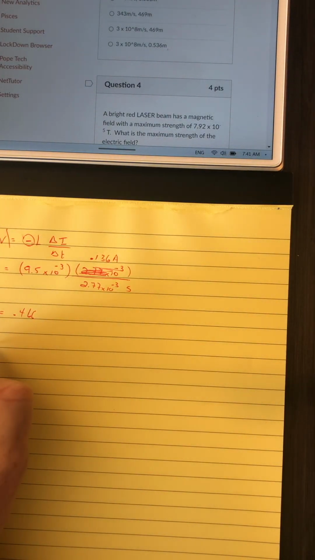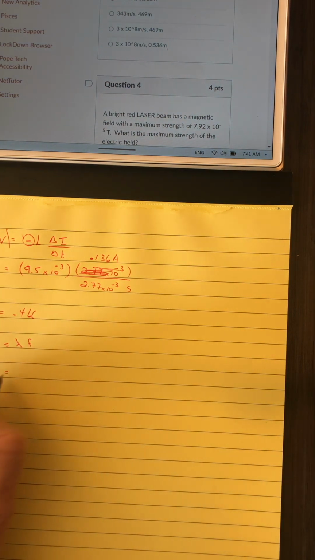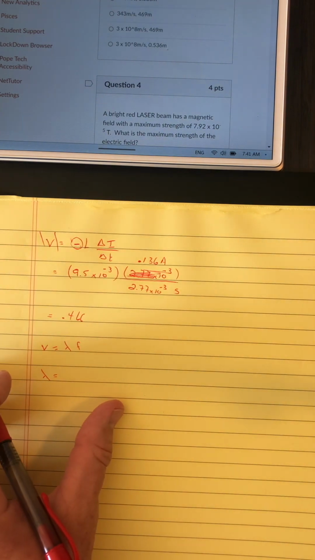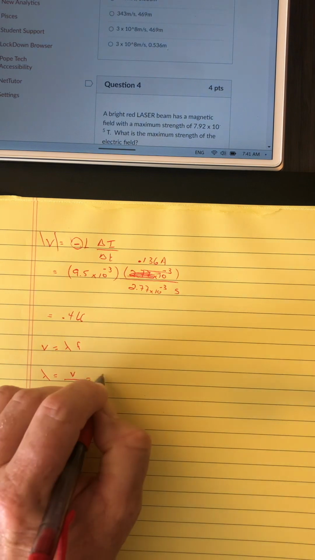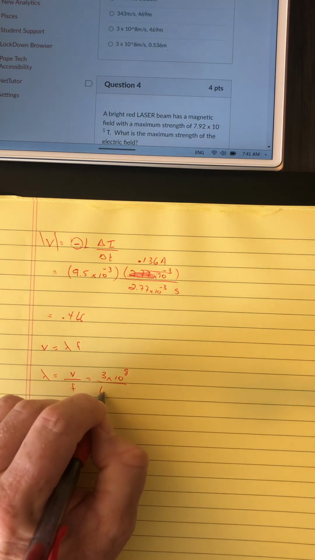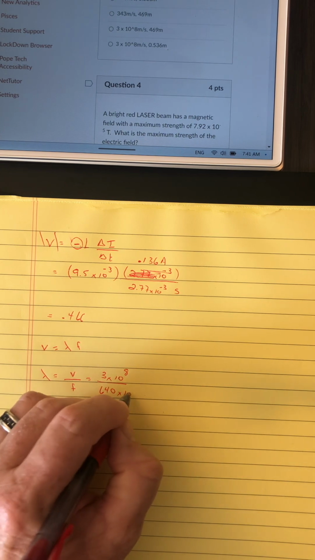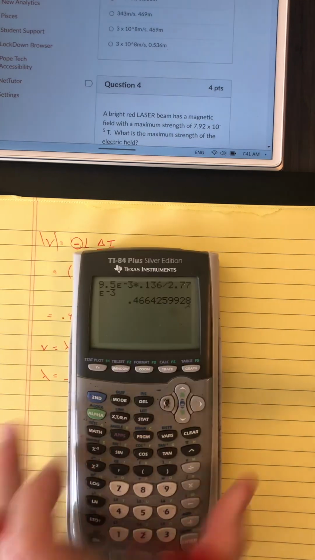Velocity equals wavelength times frequency. When we rearrange it, the wavelength is velocity divided by frequency. The velocity is 3 times 10 to the 8th, and the frequency, watching the kilohertz there, is 640 kilohertz.